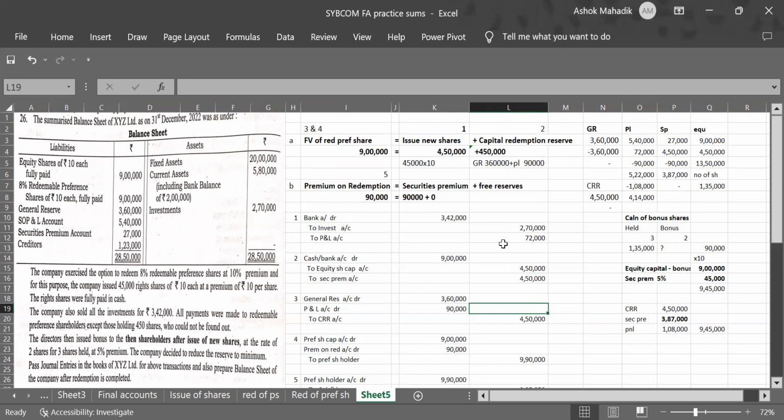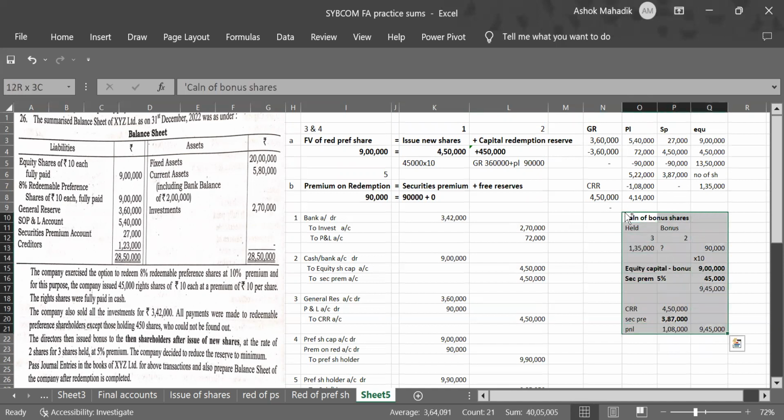Okay, only the format or presentation will differ. Clear? I'll just remove these working notes from here, calculation of bonus and all. I'll put them below the question.